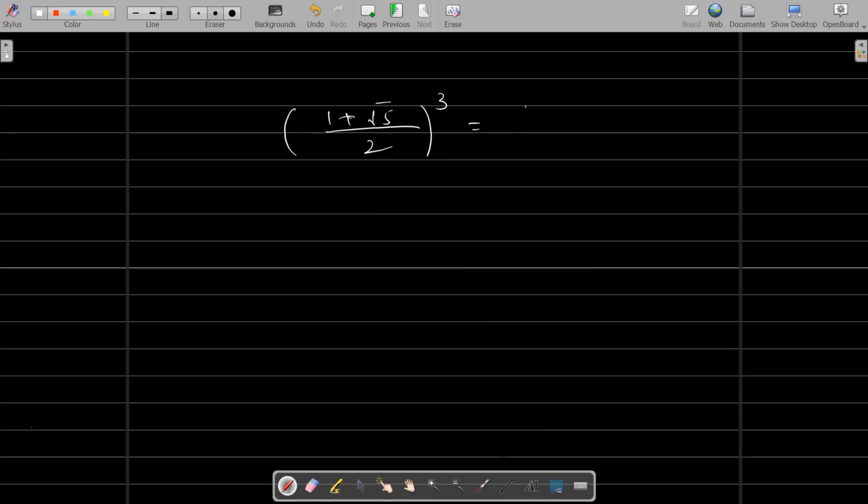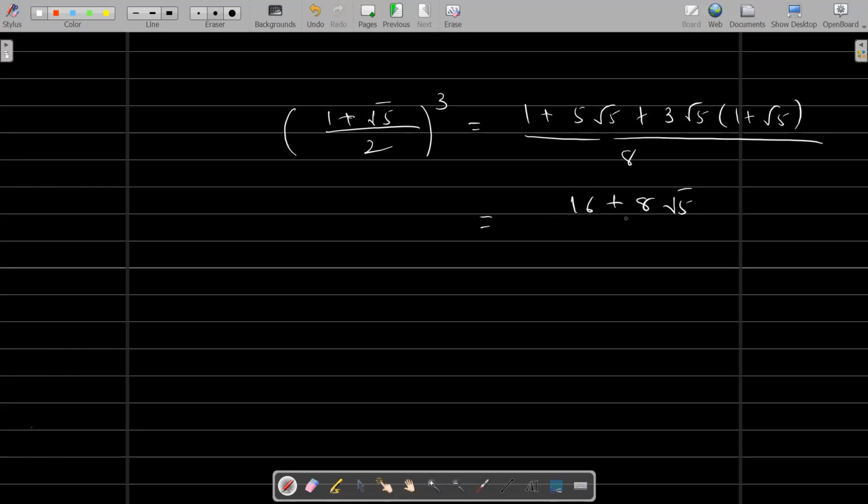That is 1 plus y root 5 plus 3 times root 5 into (1 plus root 5) by 8, right? So that is 15 plus 1, 16 plus 8 root 5 by 8. And that is nothing but 2 plus root 5. Okay, so that is our x cube.